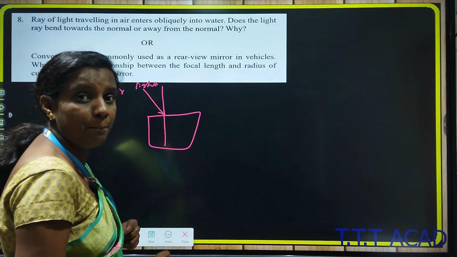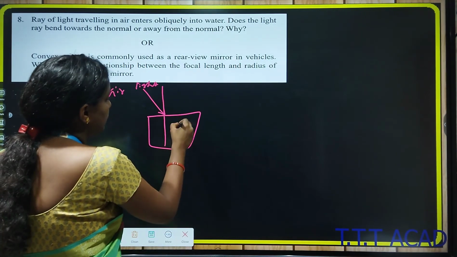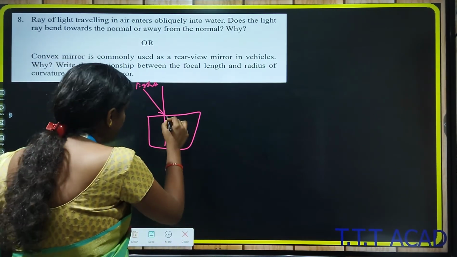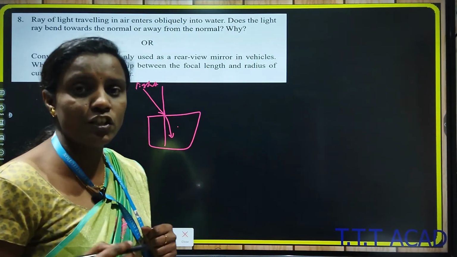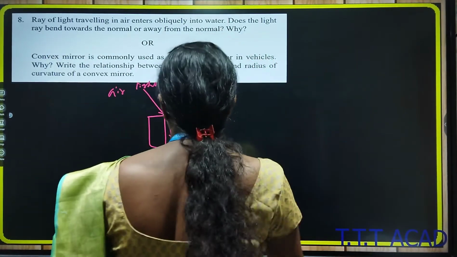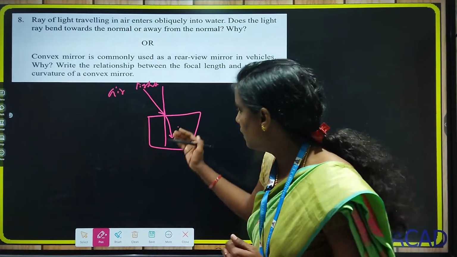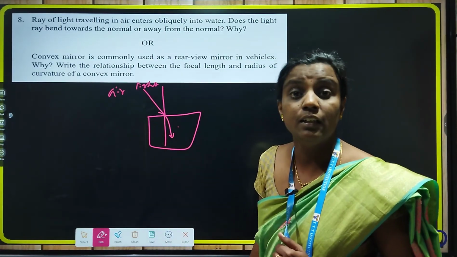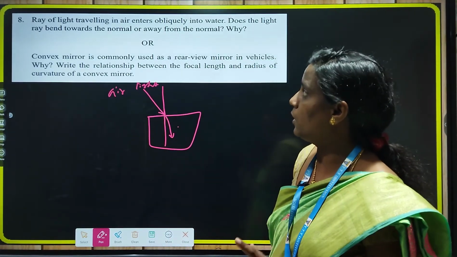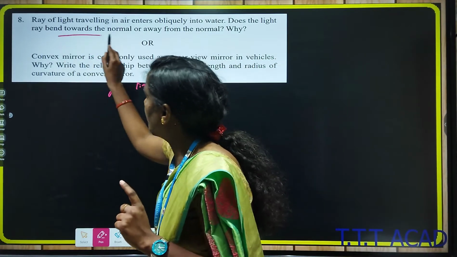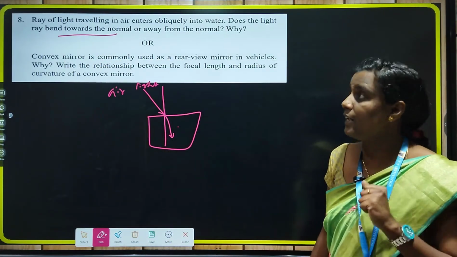What happens at that time? From the air medium it is coming to the water medium, no? It has to bend, that is, refraction is occurring. So, once the refraction is occurring, the light ray is bending towards the normal. So, the answer is the light ray bends towards the normal. And why?